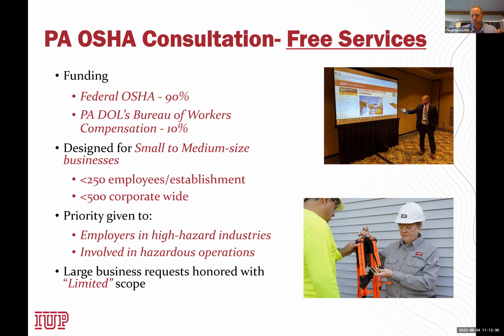If a business submits a request, we give priority to the employers that are in high hazard industries involved in specific hazardous operations, which typically would be the types of operations that you would see OSHA emphasis programs for. Much like Mark talked about briefly relative to machine guarding, OSHA has an emphasis program right now for amputations. Meaning you may not have anything special going on at your establishment, where you're having complaints or injuries you have to report.